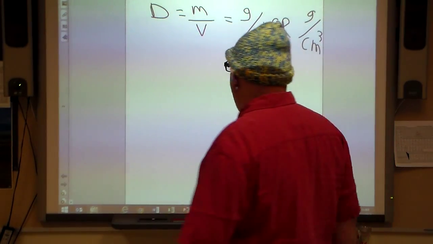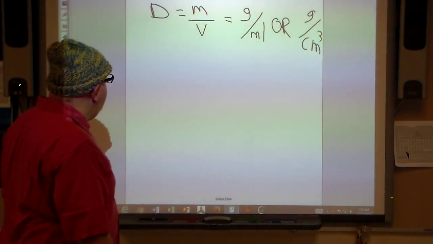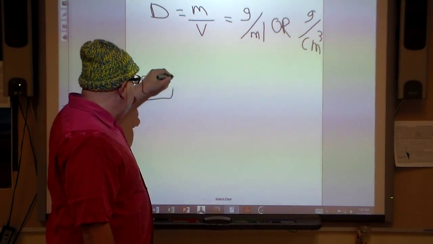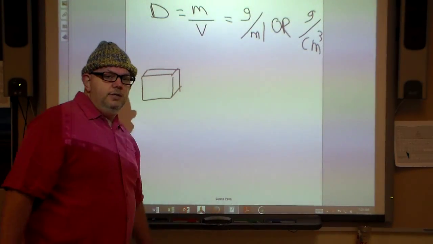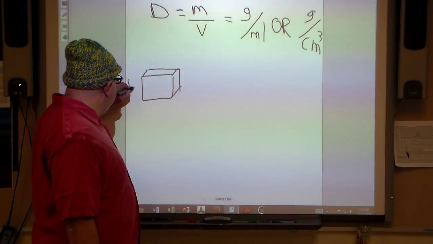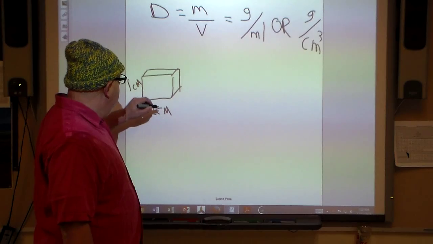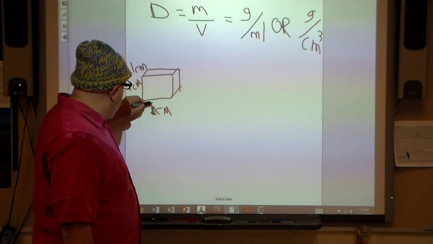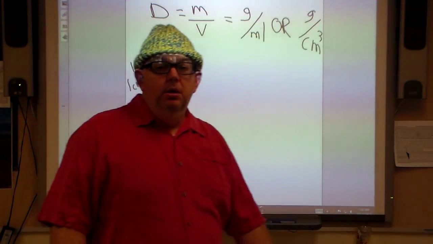So let's say I happen to have a cube, and I don't know what that cube is, all right? You know what, let's make this a 1 centimeter by 1 centimeter by 1 centimeter cube.